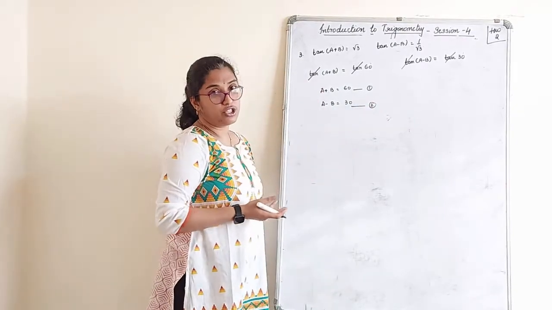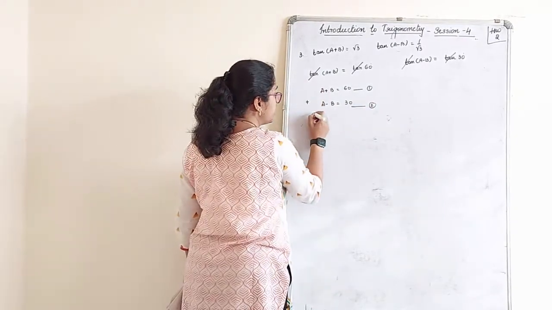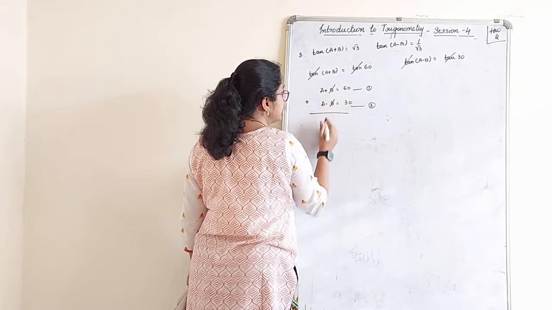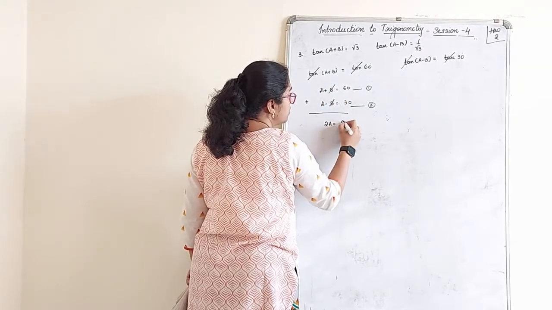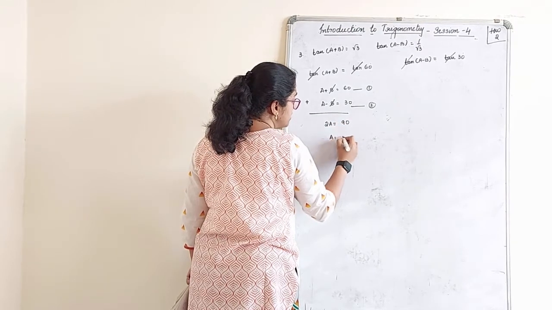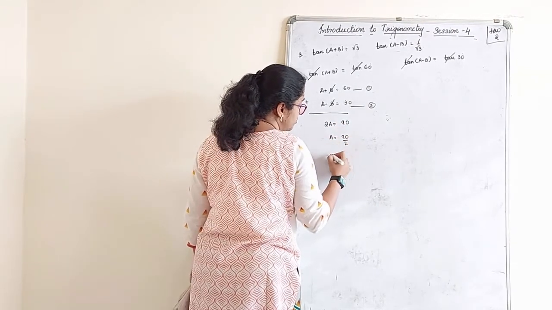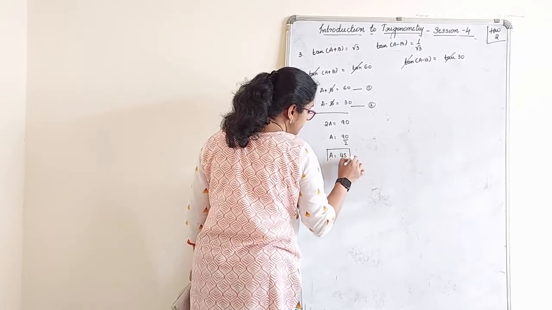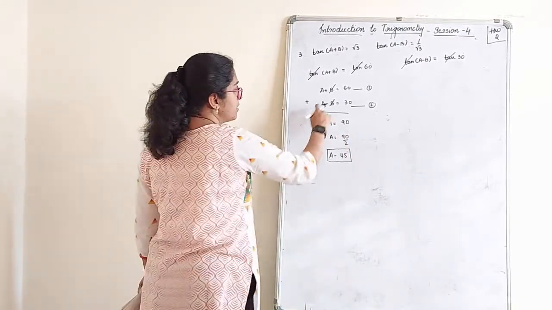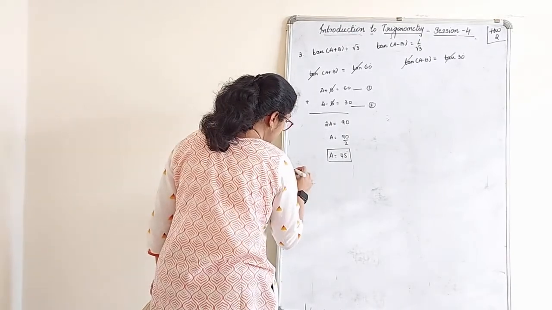It is linear equations in two variables. Add the equations because we already have opposite signs. 2A is equal to 90. So, A is equal to 90 by 2 and A is equal to 45 degrees. Substitute in any of the equations.